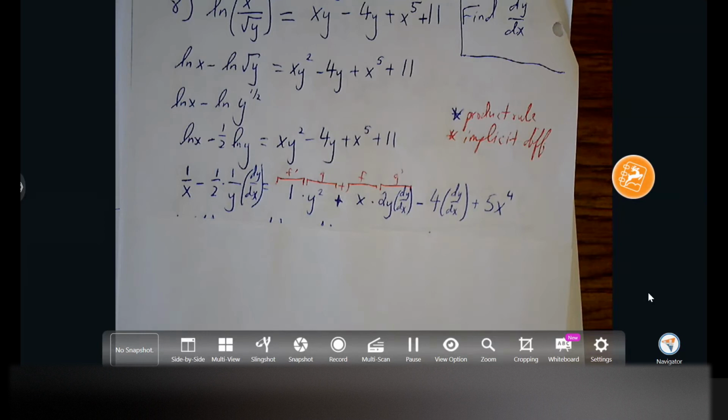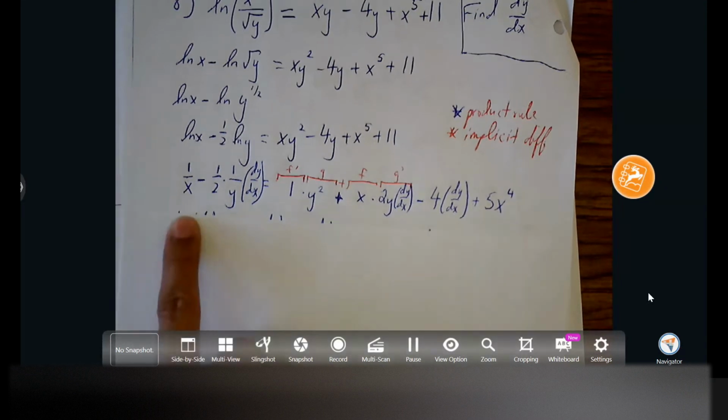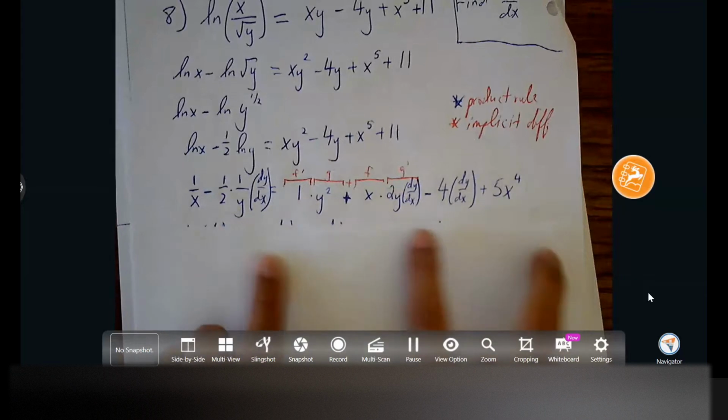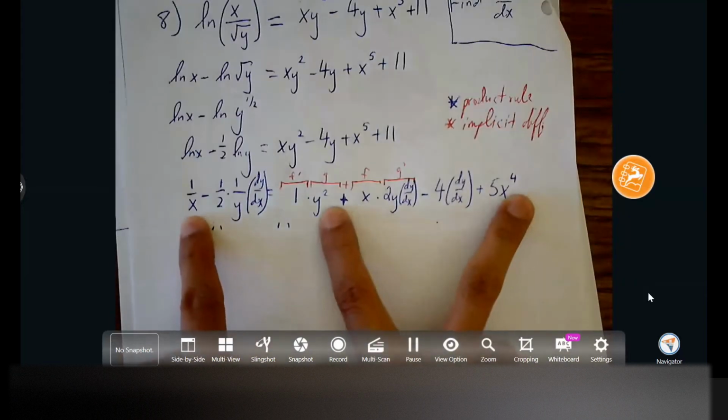Right, so we're moving everything to the left. Yeah, move all the dy dx terms to the left. So this would be 5x to the fourth on the right, and 1 over x, and 1 over y squared. So these are the non-dy dx terms, right? The non-dy dx terms will be on the right side.